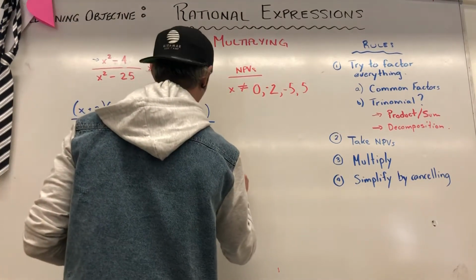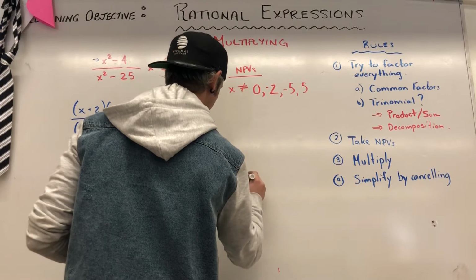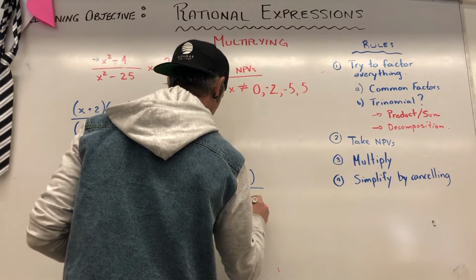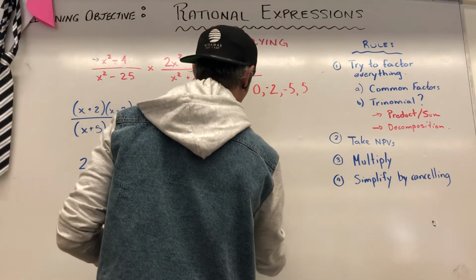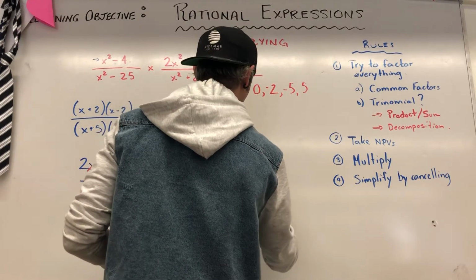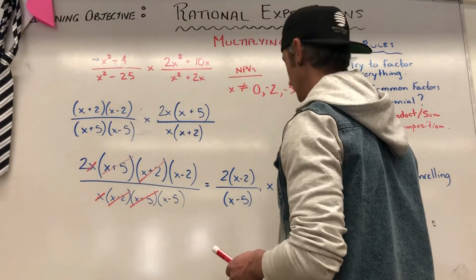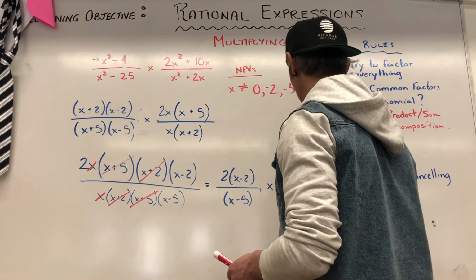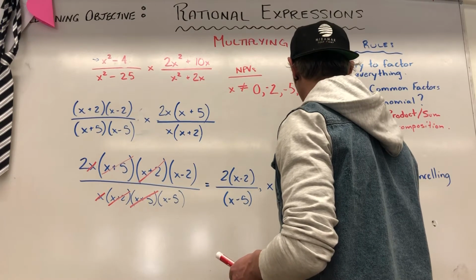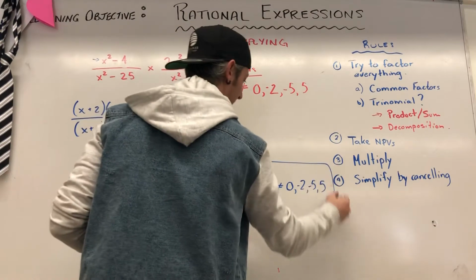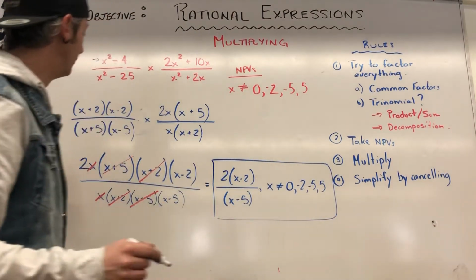It is equal to 2x minus 2 over x minus 5, where x cannot equal 0, negative 2, negative 5, and 5. That is my answer. We take the NPVs before we cancel anything.